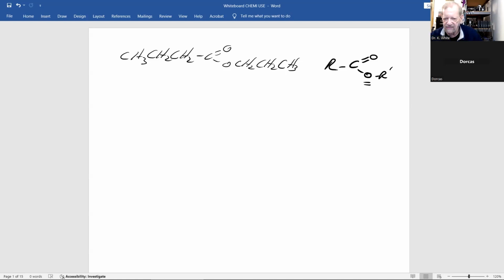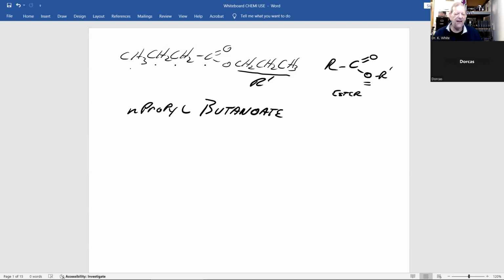This is an ester. And I'll use the student's way. 1, 2, 3, 4. That's butane. Drop the E, add OATE, butanoate. And here our R prime is an N-propyl. And that would be N-propyl butanoate.